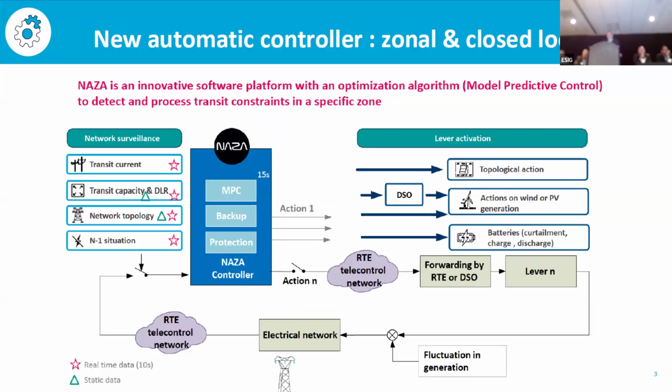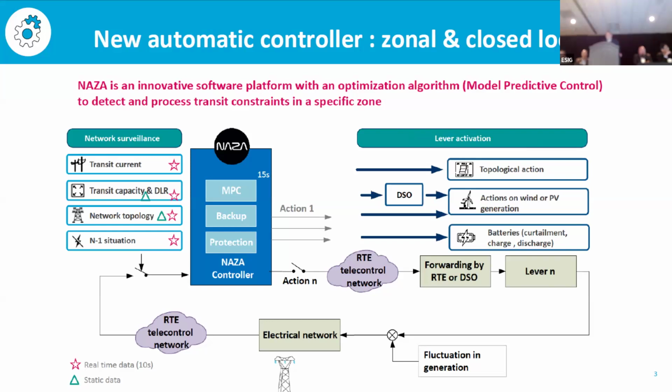automatic controller, which we call the NAZA, and essentially it looks in real time at the system, at the transient current capability, DLRs, network topology, and determines, depending on what's happening in the system, either in normal conditions or post contingencies, what are the optimal actions that you can take in order to mitigate any kind of contingency that might happen.